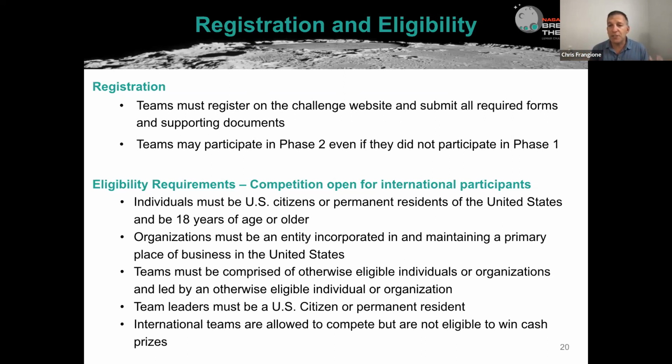And then teams must be comprised of either eligible individuals or eligible organizations, those top 2 bullets there. Team leaders must be US citizens or permanent residents. Now, that doesn't mean that international individuals or teams cannot compete. They absolutely can, but they are not eligible to win cash prizes.